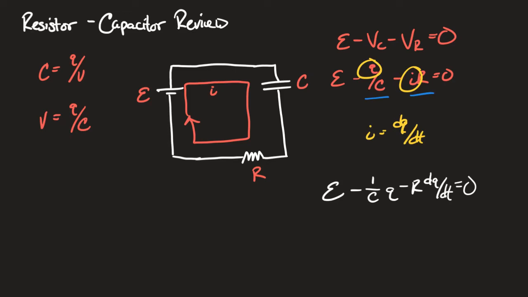Now, I know you guys love the mathematics part, but the truth of the matter is we need to see the mathematics part. So here we go. EMF minus 1 over CQ minus R times dq dt equals 0.